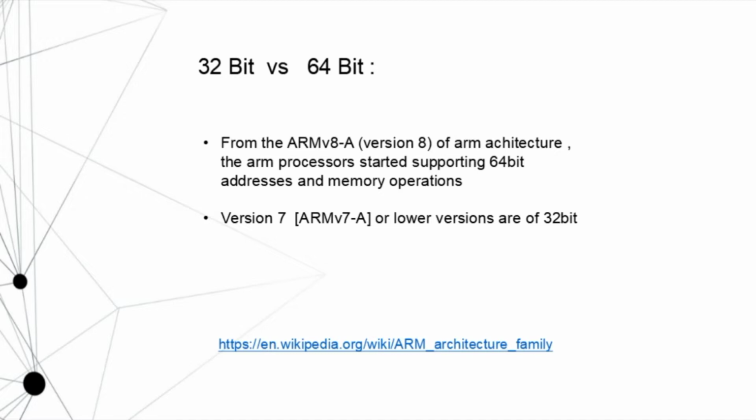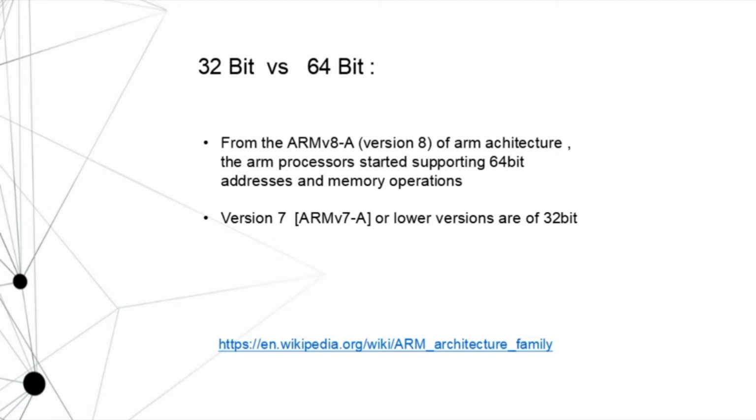The difference between 32-bit and 64-bit is the size of the memory addresses used by a process. In a 32-bit processor, a process can use memory addresses up to 2 to the power 32, whereas in a 64-bit processor, a process can use memory addresses up to 2 to the power 64.